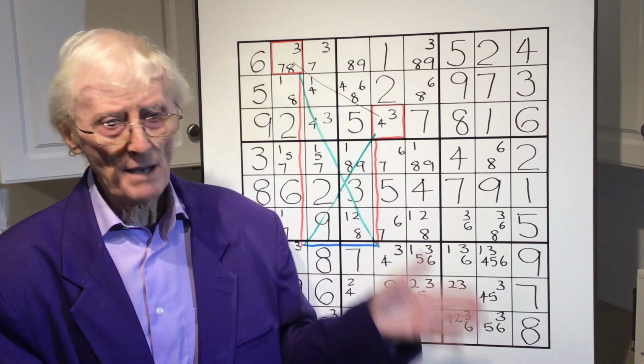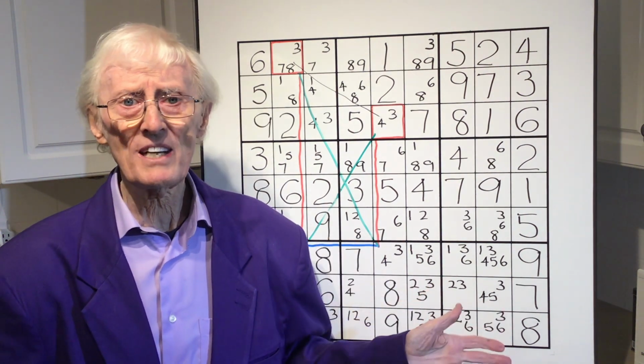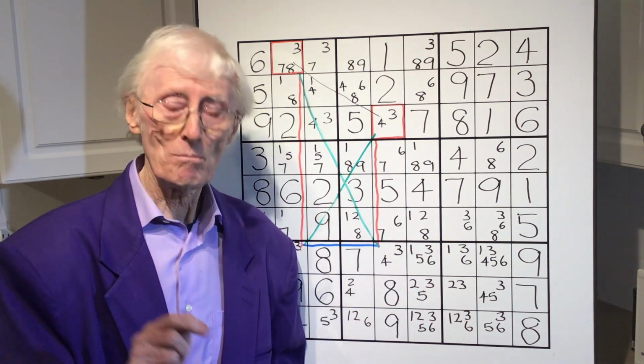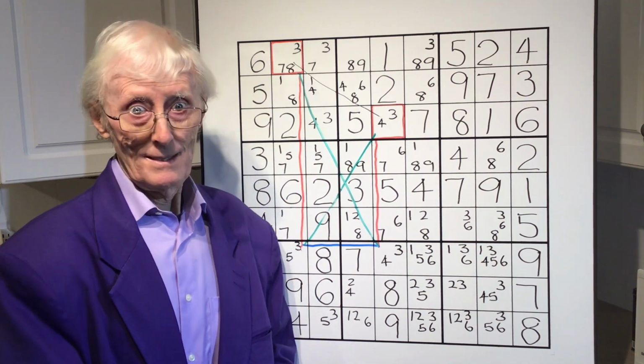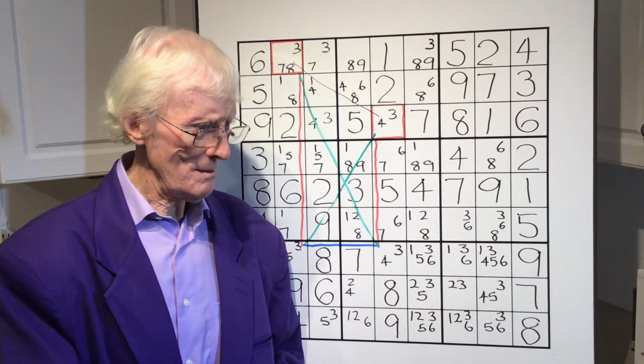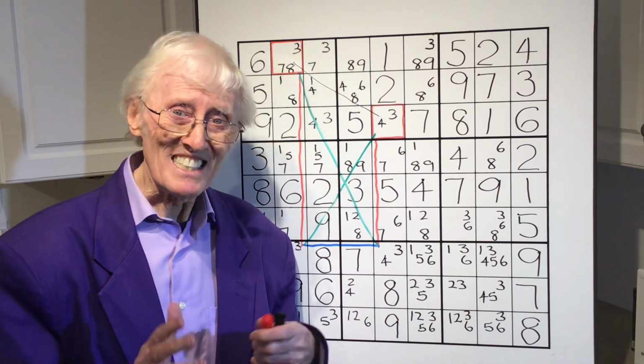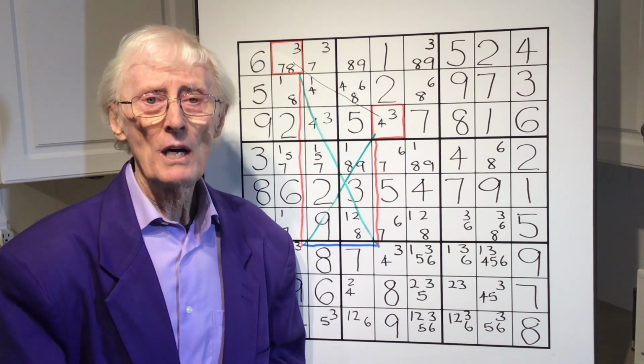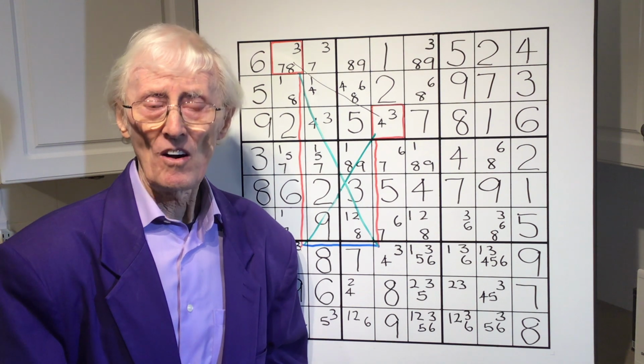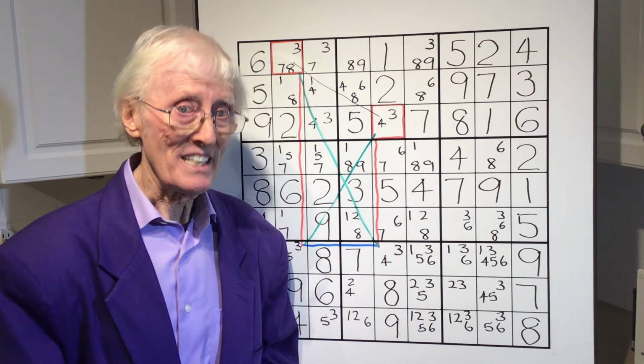Now, there's a lot of iPad apps and so on, on the computer online today, where you can just press a button and there's all the 1s. Then you do all the 2s and all the 3s and so on. That makes it easier to look for a parallel set of strong links.